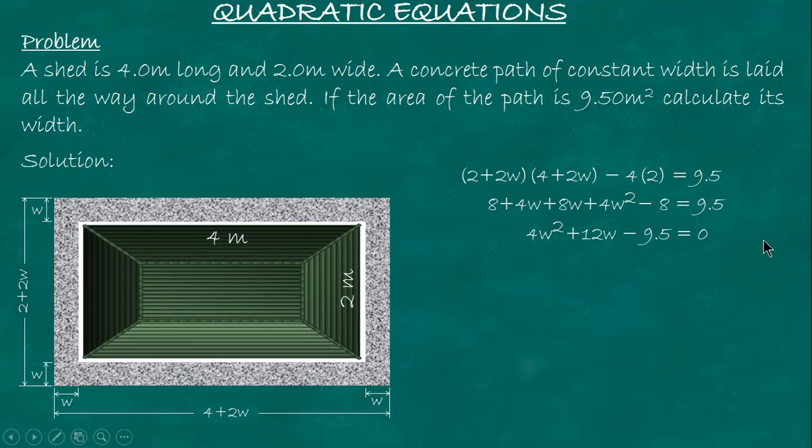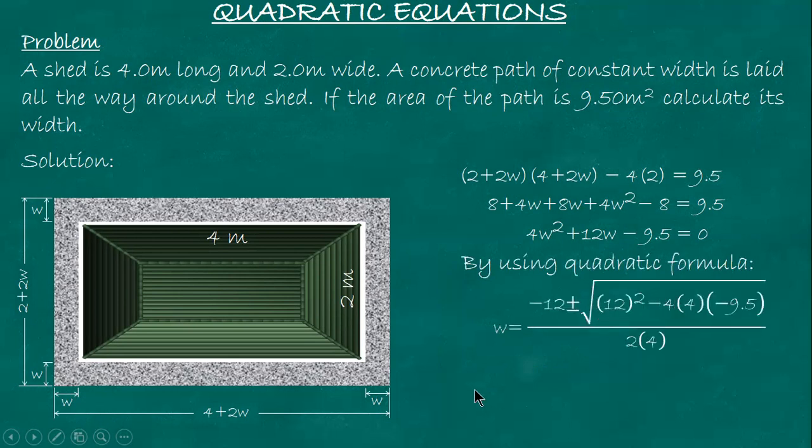So, to make it easier, use the quadratic formula instead of struggling to find the factors. Using the quadratic formula, negative b plus minus square root of b squared minus 4ac over 2a. And then simplify.